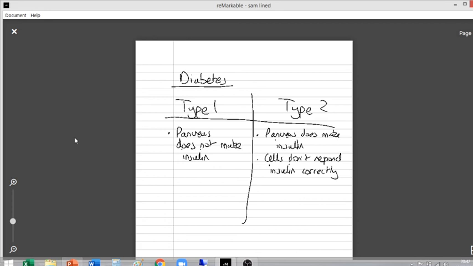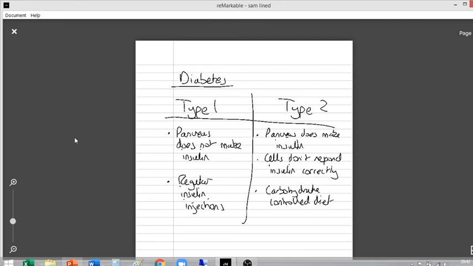The only way to treat type 1 is with regular insulin injections. They do not make insulin themselves, they have to be given their own insulin. Type 2, insulin injection will do nothing. They already make insulin, so what they need is a carbohydrate controlled diet.